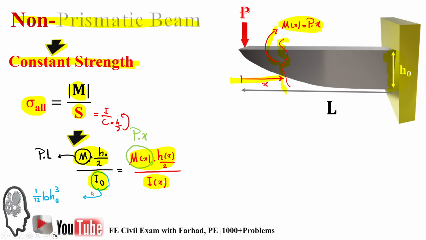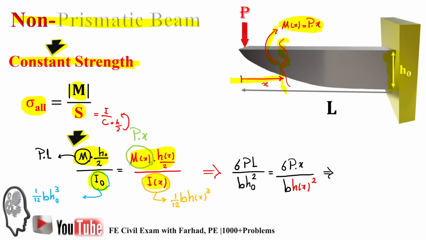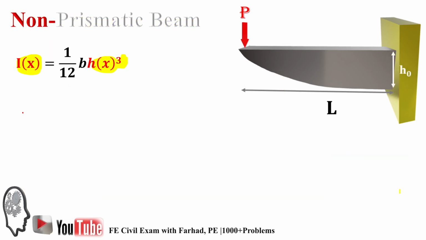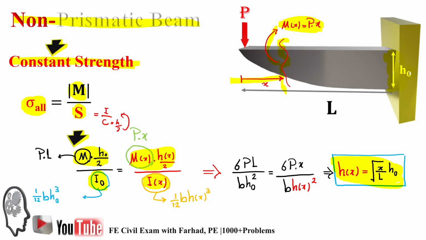I naught is 1/12 b times the height cubed, that's h naught cubed, and Ix is 1/12 b times the height cubed, but that's h as a function of x. If you simplify this equation, then you will get a parametric equation of h of x as a function of x, that's the square root of x over L times h naught, which is the height at the support.